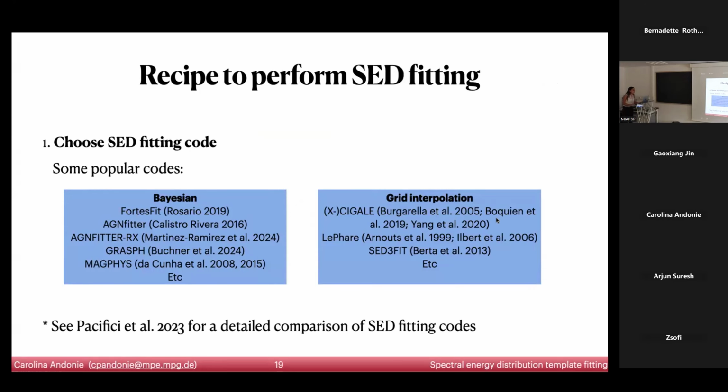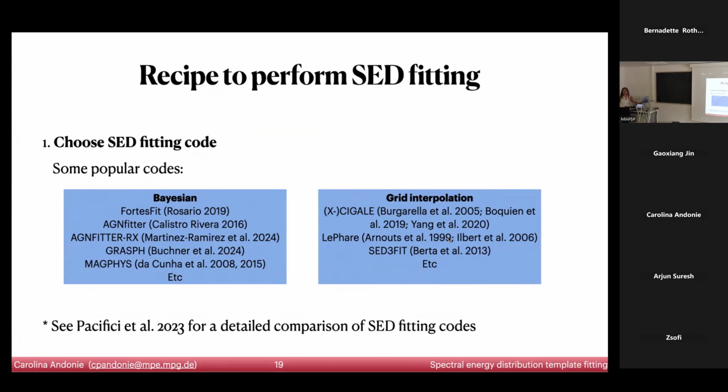So now the recipe to perform SED fitting. The first step is, of course, to pick your SED fitting code. And there are many SED fitting codes. If you want, there is this paper, Pacifici et al. 2023, where they compare 16 different SED fitting codes, and they describe each code, etc. Which one you pick will really depend on what you want to calculate, right?